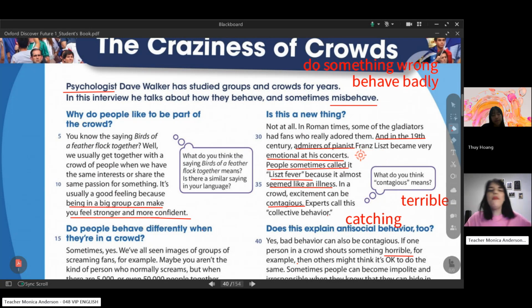They became very emotional, started doing maybe some bad behavior, something like strange attitude and manners. It was like a fever, like an illness. So because of this, it's called Liszt fever. People shouted, screamed, or maybe cried. Get it? Yeah?